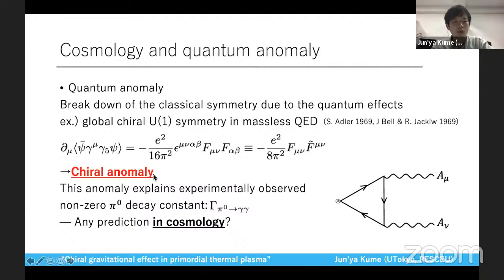For example, this anomaly can explain the neutral pion decay. Now, how about in cosmology? You may come up with a well-known example like electroweak sphaleron, where the B plus L anomaly in the standard model plays a role in particle cosmology.